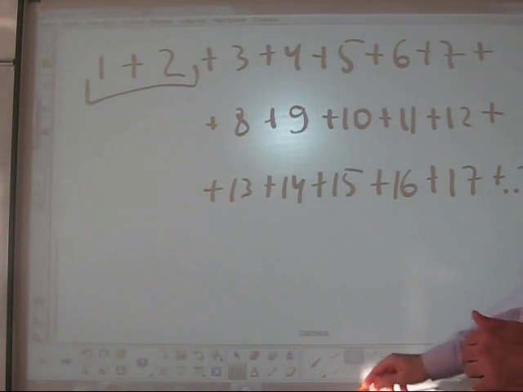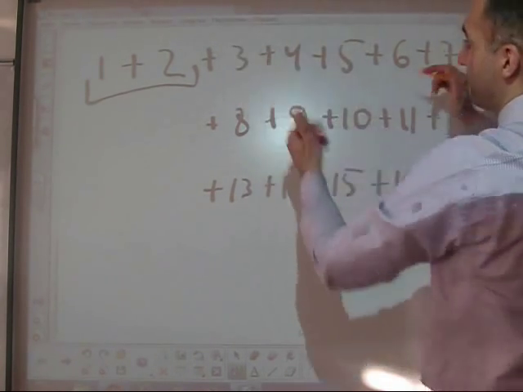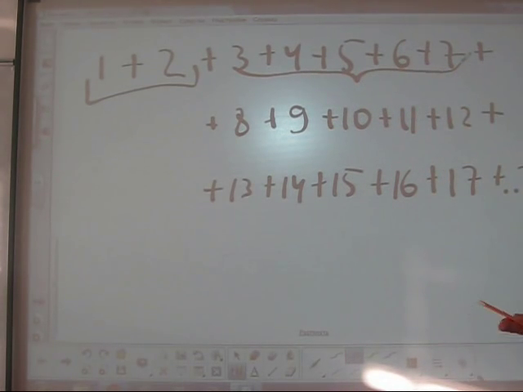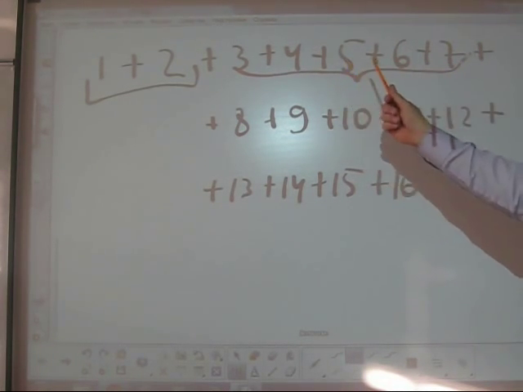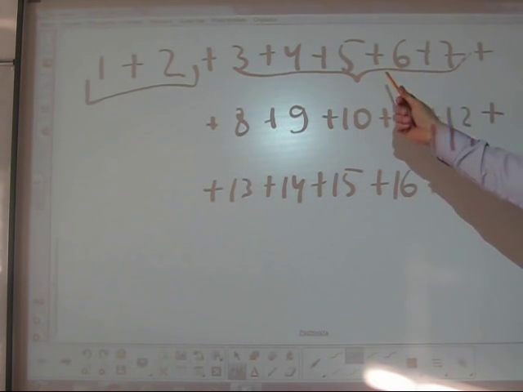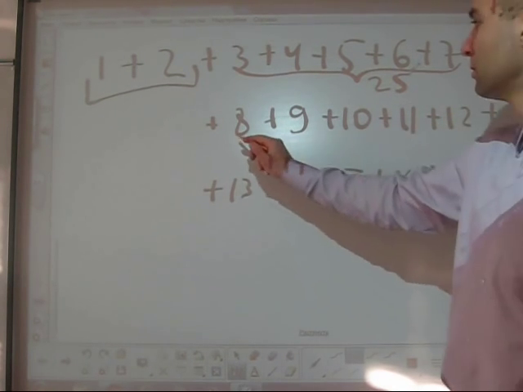Okay, and group 5 numbers. So these 5 numbers equal 25.